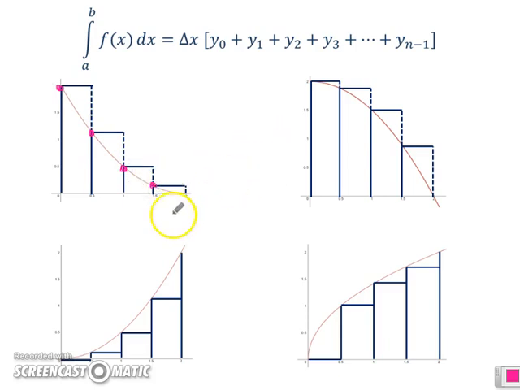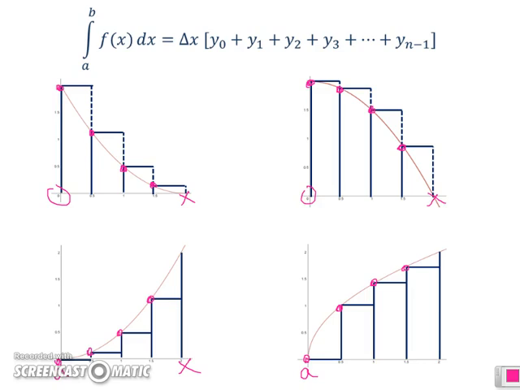The y coordinates use A and they don't use B. The y coordinate here uses A, does not use B. The y coordinate here uses A, but does not use B. Same thing. So all of these left rectangles, they use A, but they do not use the y coordinate of B. You don't ever use both. When you do left or right, you'll never use A and B when you use this as a formula.